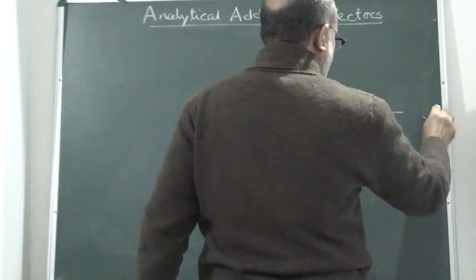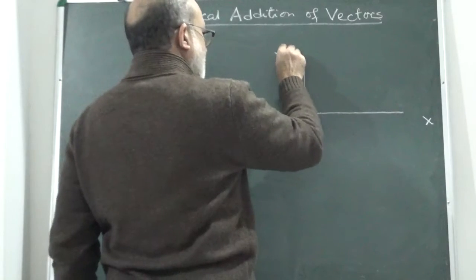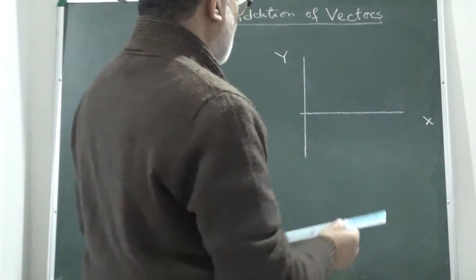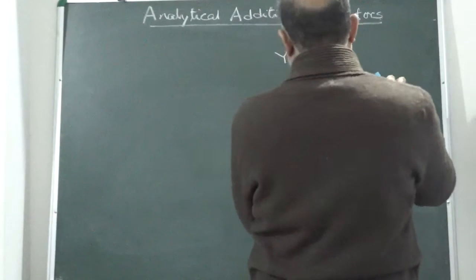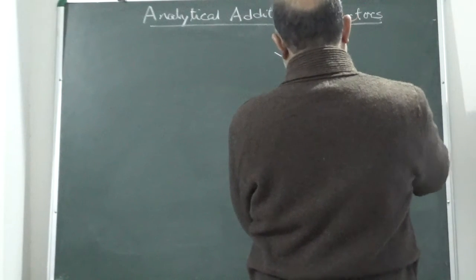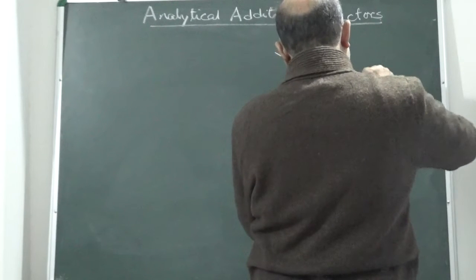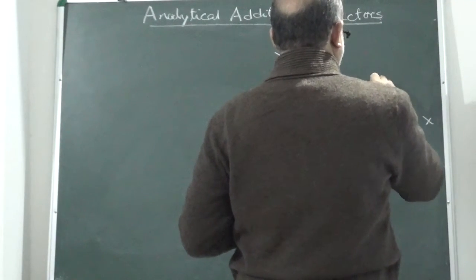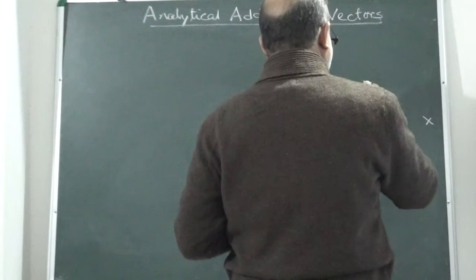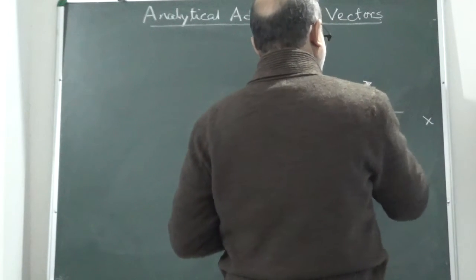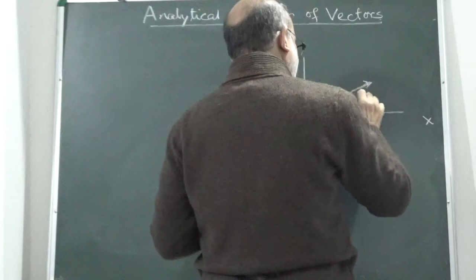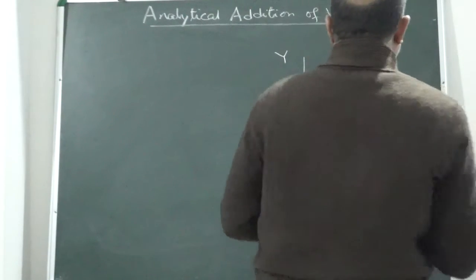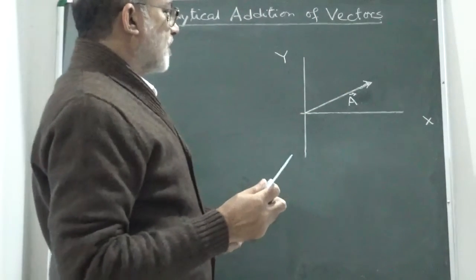Now suppose we have two vectors A and B. Let this be the vector A, and we have to add another vector with A.